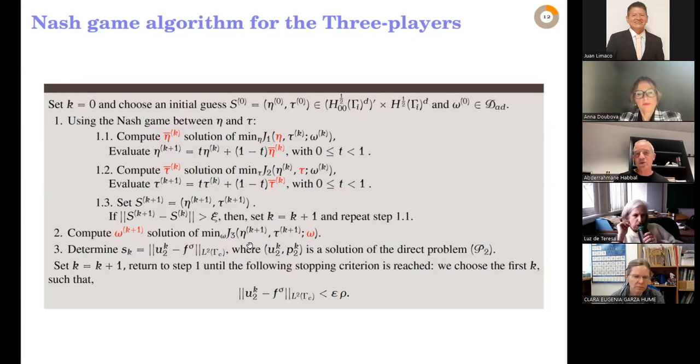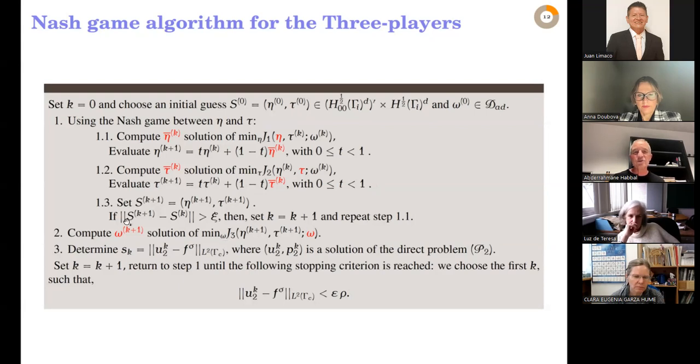Then after having converged the inaccessible boundary data enough, we do a step: we minimize. Indeed, we formulate the problem as minimizing G3, the shape functional with respect to omega.